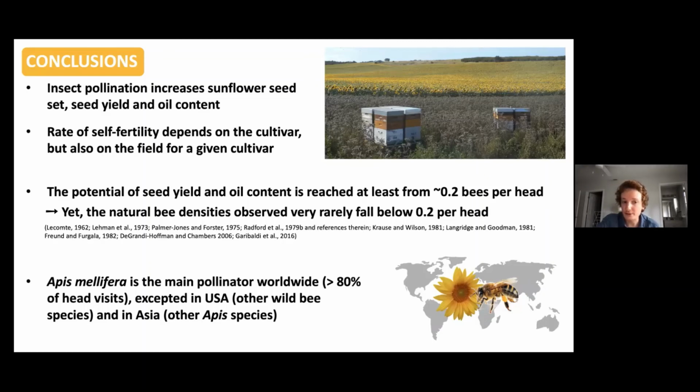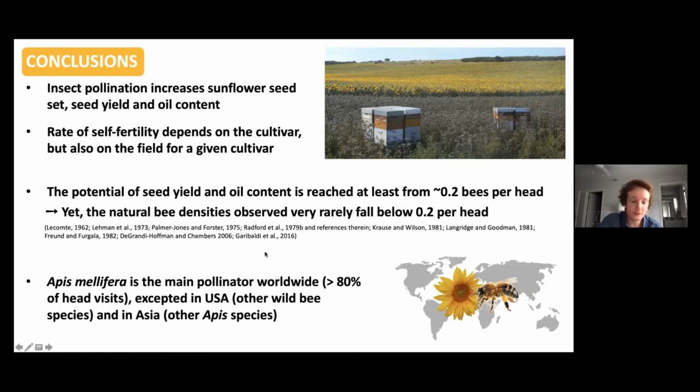And yet we know that the natural bee densities observed in several publications very rarely fall below 0.2 per head. So in most of the situations, there are naturally enough pollinators in the environments to fully pollinate the sunflower crops, because in most of the cases there is enough spontaneous beekeeping activity.